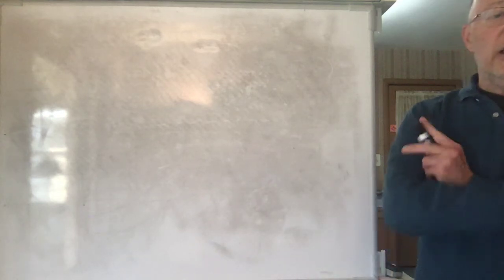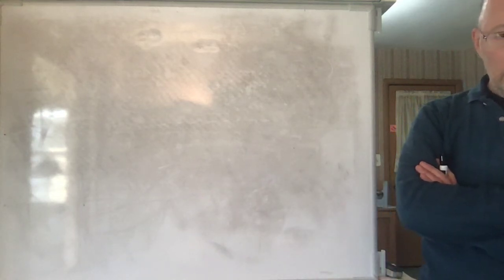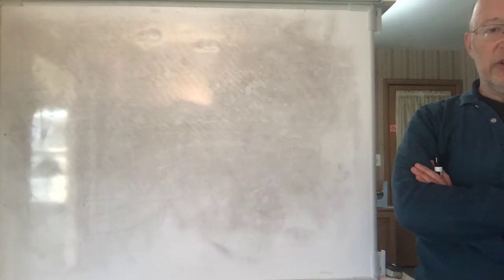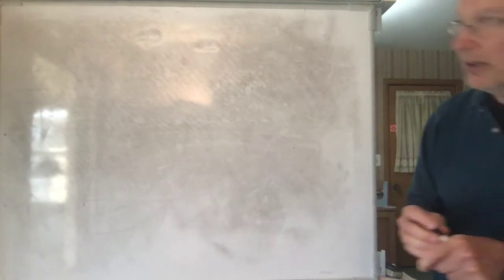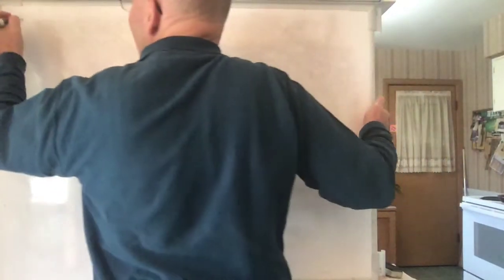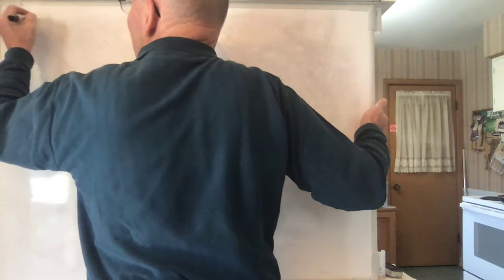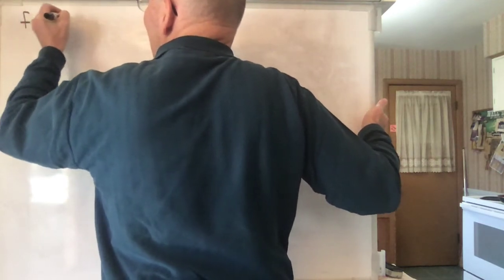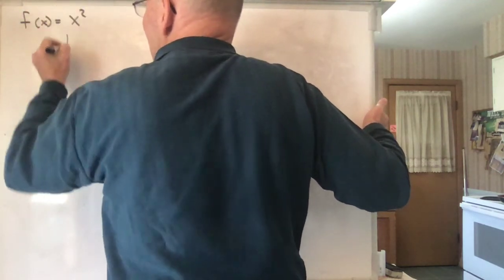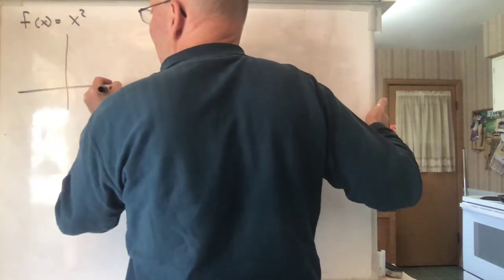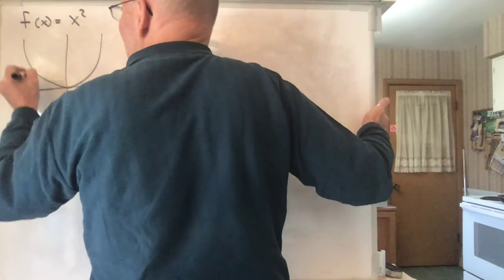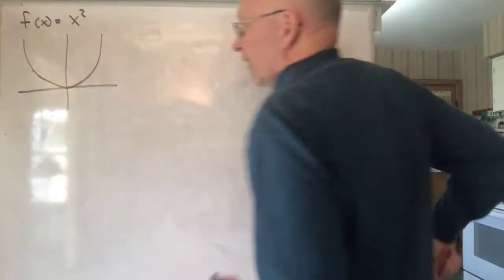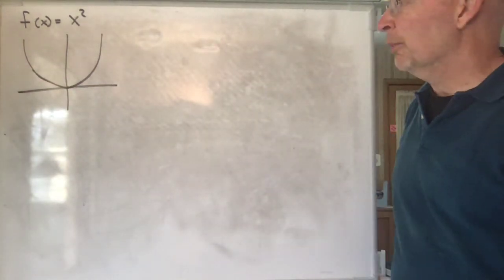In the last lesson, as we looked at some of the graphs of some of these standard important elementary functions, we noticed that some of them had certain symmetries. In particular, f of x is equal to x squared looks like that, very roughly, a parabola.